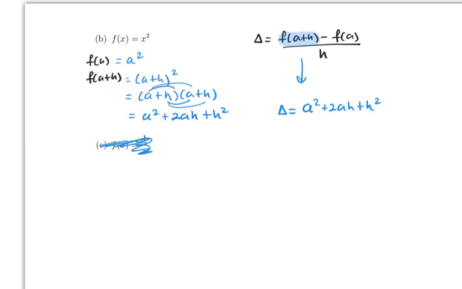So this gives you that, minus a squared, which is the f of a, and then everything divided by h. Okay. So now clearly what we can cancel here is a squared, and then you have 2ah plus h squared over h.